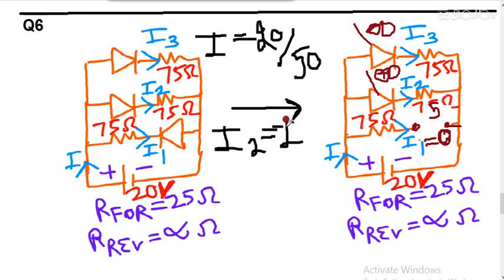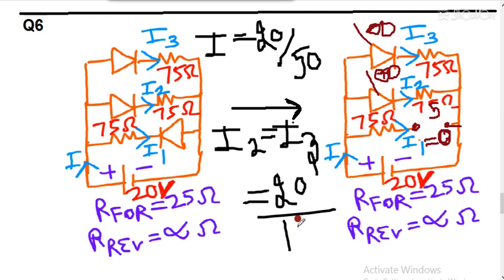I will discuss some questions in which the resistances are not equal in the next video. So I2 equals I3, that is equal to half of 20 by 50. So 20 by 100 ampere will be the answer for I2 and I3. And this is open circuit, so I1 is equal to 0.